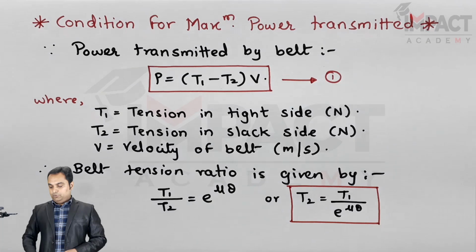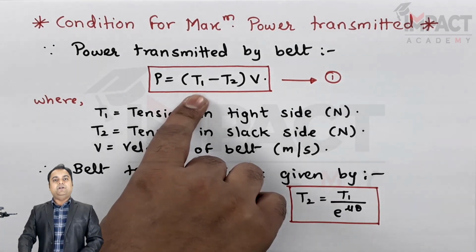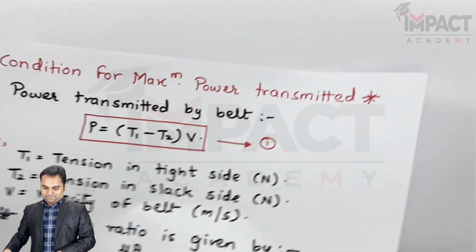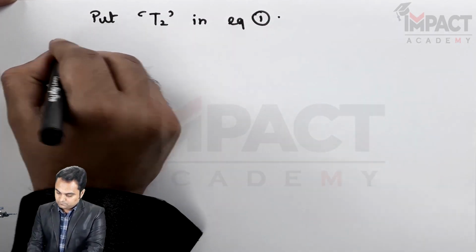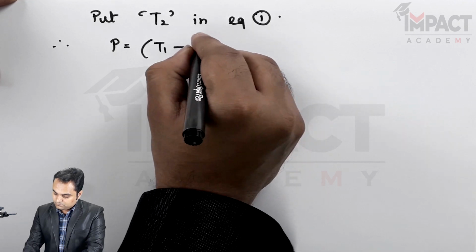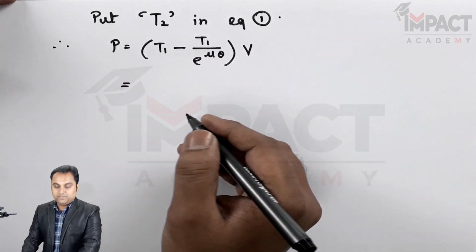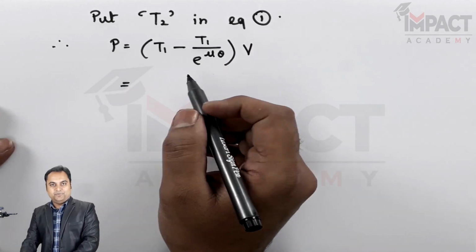Next, I'll put this value of T2 in equation number 1 of the power transmitted. Then I'll be taking T1 as common.